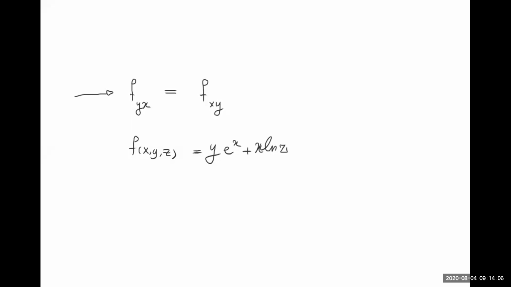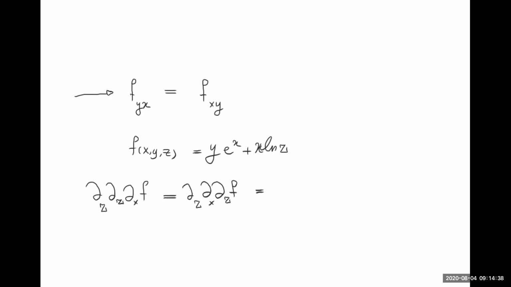Now, something you can see here is that there are different ways we can take the derivative. For example, we can take the derivative with respect to x first, and then with respect to z, and then with respect to z again. It's going to be equal to taking the derivative with respect to z first, then with respect to x, and then with respect to z.